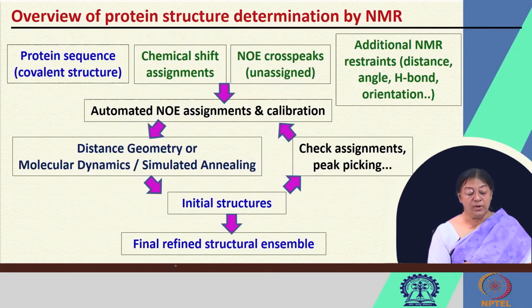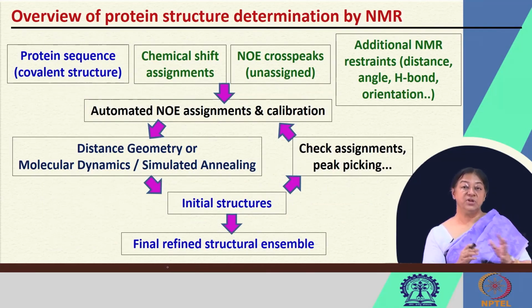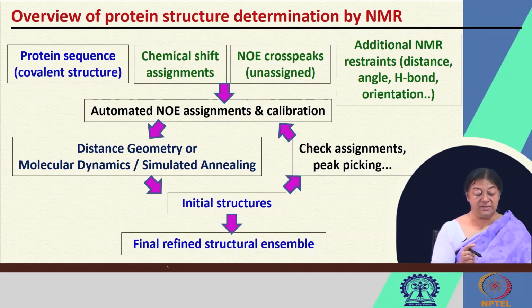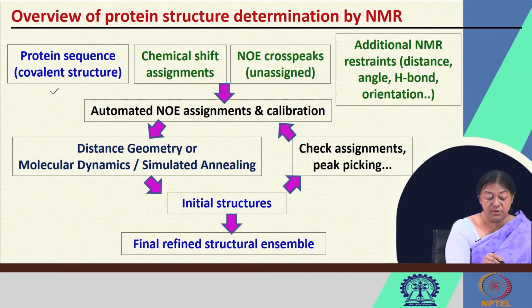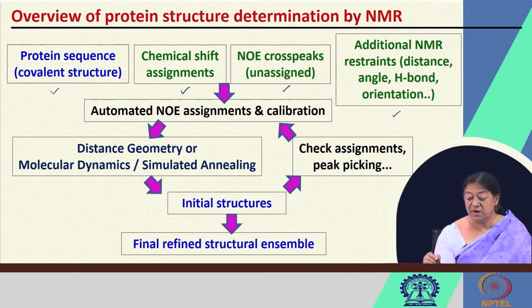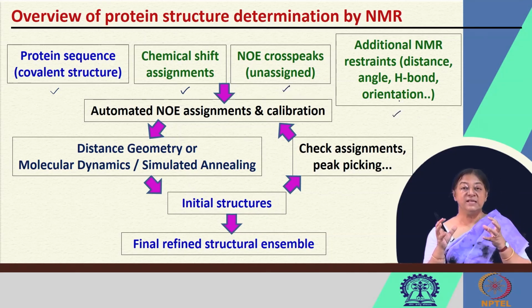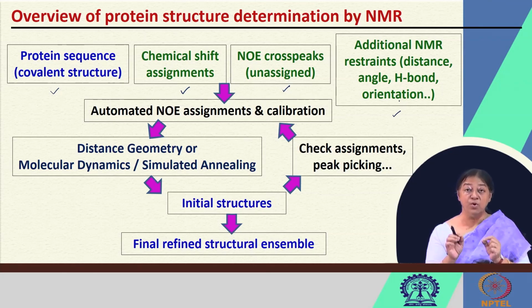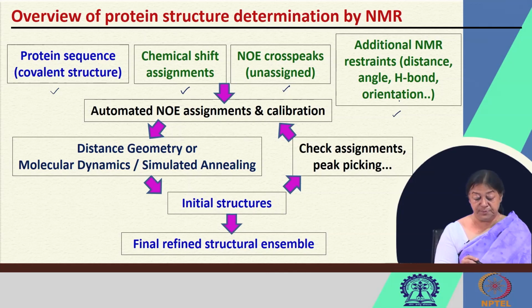So when we look at an overview of the protein structure determination by NMR methods, we know the protein sequence, we have chemical shift assignments, we have NOE cross peaks, which I'll briefly tell you what they are, and we have additional NMR restraints that tell us that these are specific interactions that we can look for in our NMR spectra.